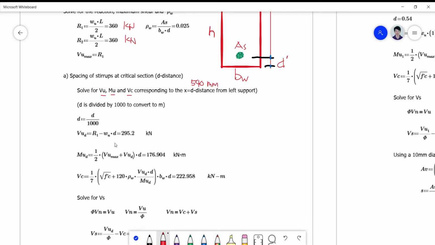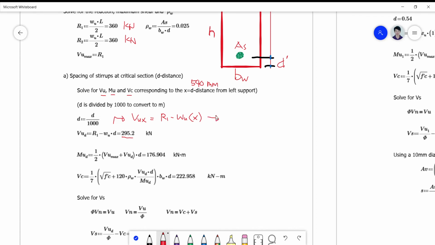For your VUD, or the VU at the distance D, we simply make use of the formula R1 minus WUD to give you a value of 295.2 kilonewton. This was obtained from the formula VU at any distance x is equal to R1 minus WU multiplied by the distance x.